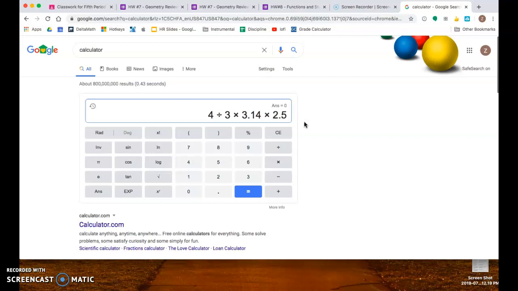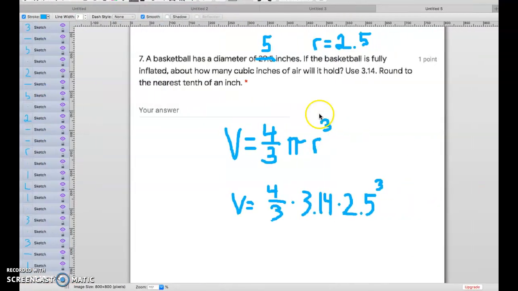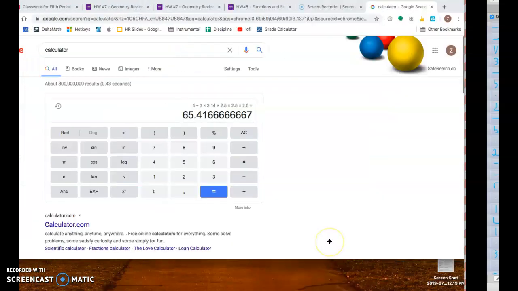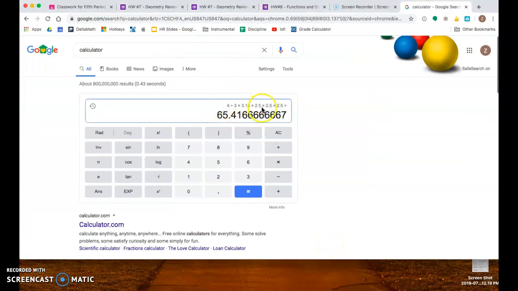So times 2.5 times 2.5 times 2.5. Okay, so the answer to this volume problem, V equals, is this number, and then I would write cubic inches.